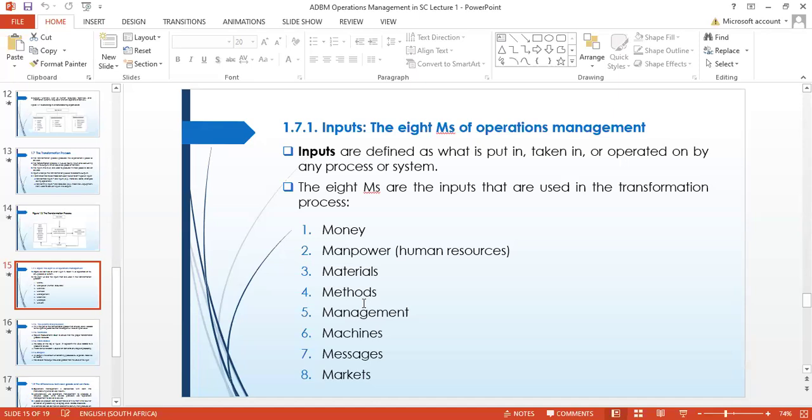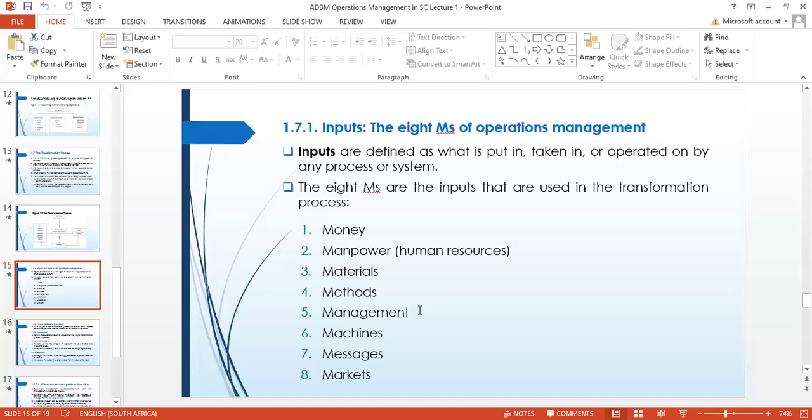So the operations manager will come up with the right methods for producing the product or delivering the service. We have the management, right? We are talking of the managers here who coordinate the tasks within the operations management department.